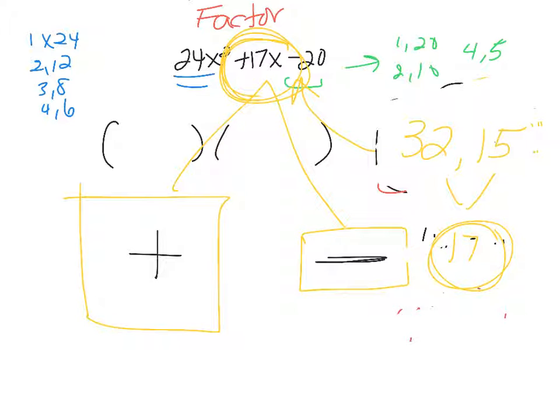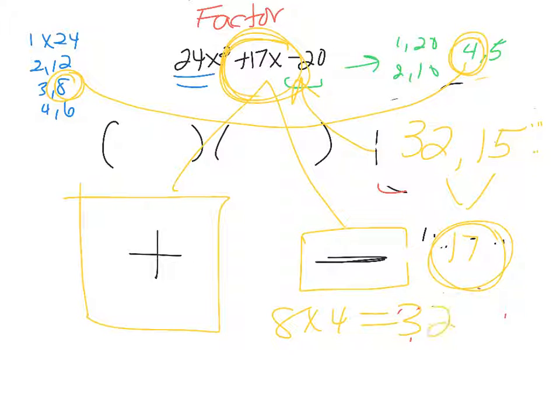Now that you're coming back after you practiced on your own, the answer: where would we get the 32 and the 15? Well, what I can see is if I had an 8 and a 4, that would give me the 32.